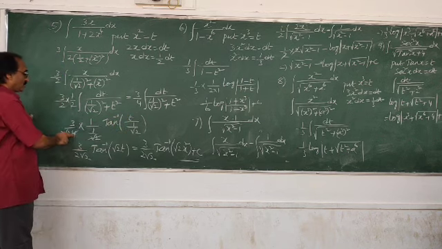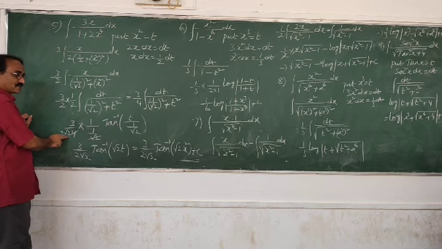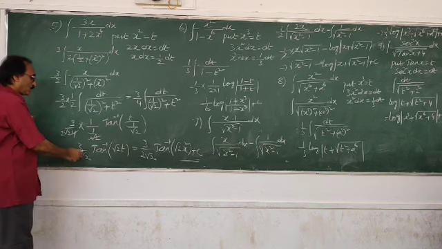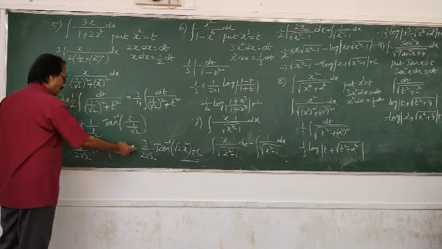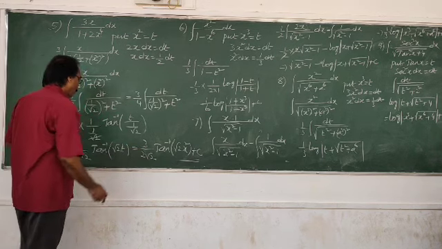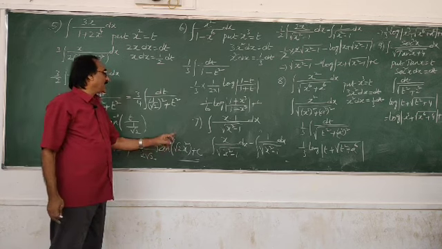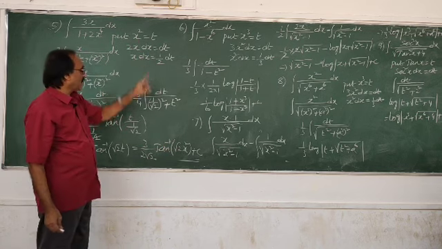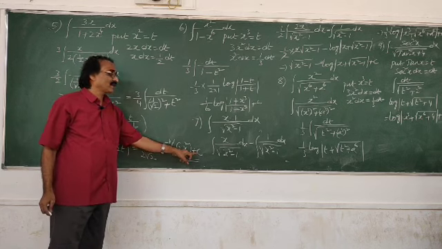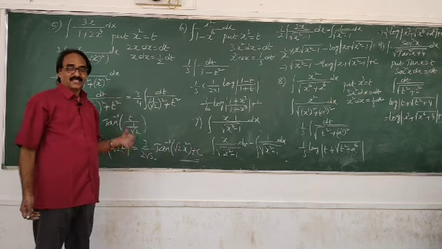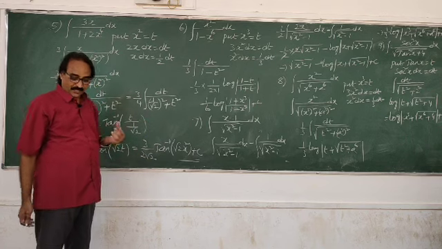The root 2 goes into 4, giving 2 root 2. Therefore 3 by 2 root 2 into tan inverse root 2 t, and t is x square. So 3 by 2 root 2 tan inverse root 2 x square plus c. Same as yesterday, we are only continuing the problems.